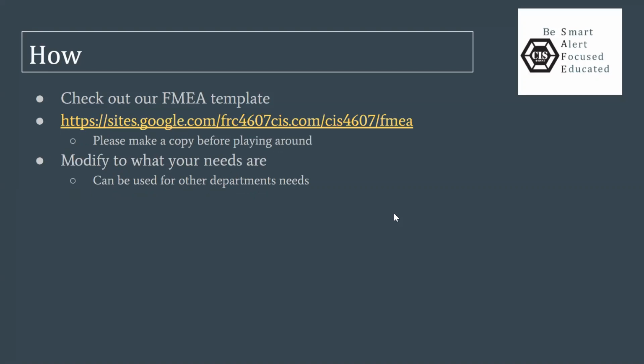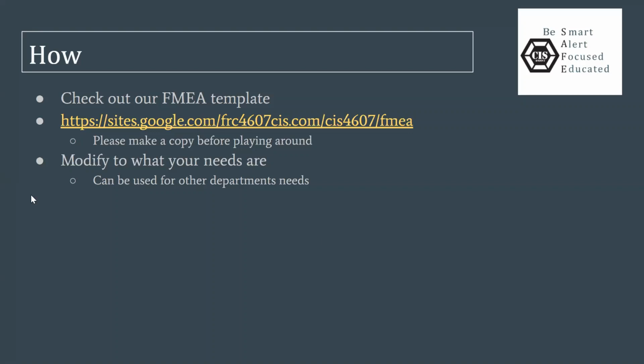Since it was a distant or close relative of FMEA, we took the template and adapted it to our safety needs. If you go to our website, there is a template you can use from FMEA. You might even want to adopt FMEA too, but you're going to want to make sure you take a copy of it before you mess around with it.